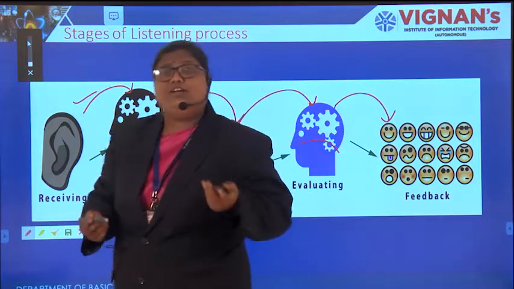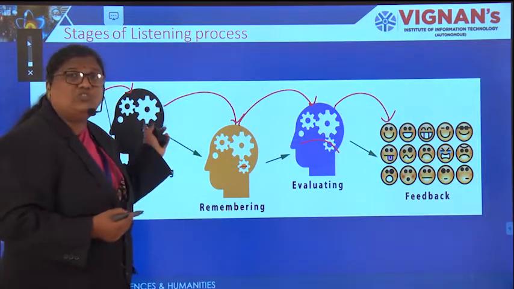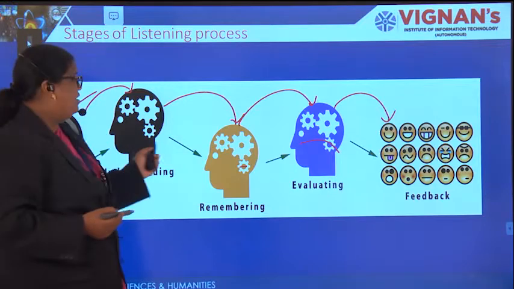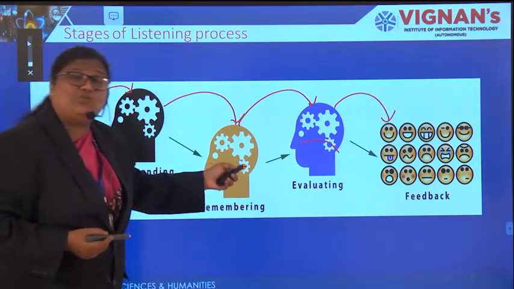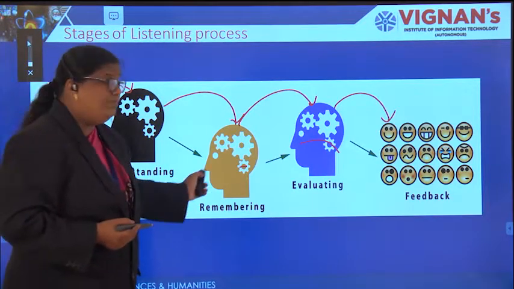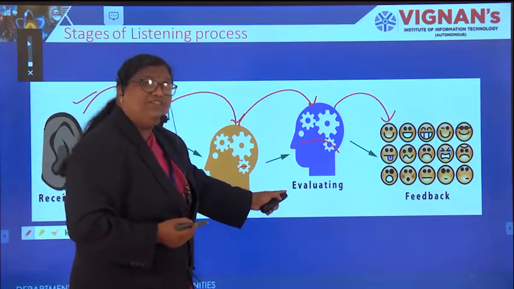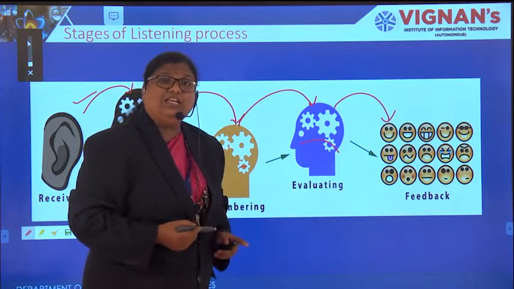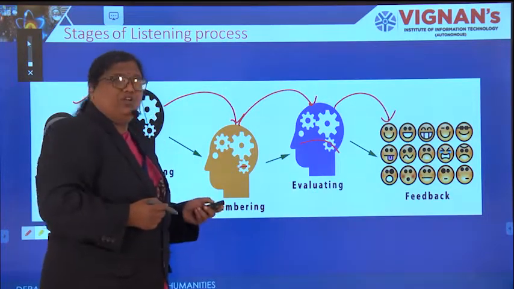Feedback is nothing but your response. So this is the process of listening. How many stages are involved here? 5 stages. What are those 5 stages? First receiving, next understanding, next remembering, followed by evaluating, and then giving feedback or giving a response.